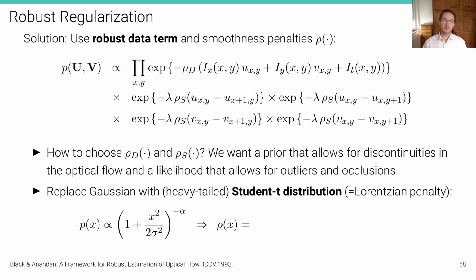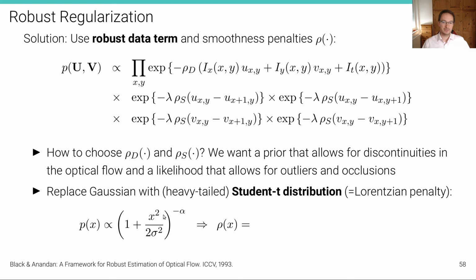So in the probabilistic formulation, we replace the Gaussian with a heavy tail Student-t distribution, which corresponds in the energy domain to the so-called Lorentzian penalty.